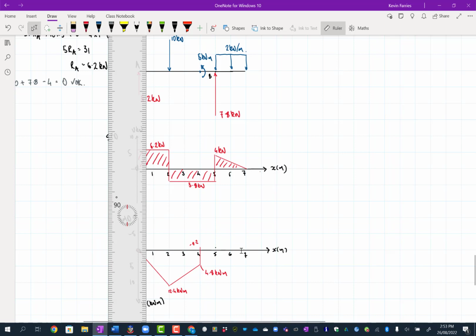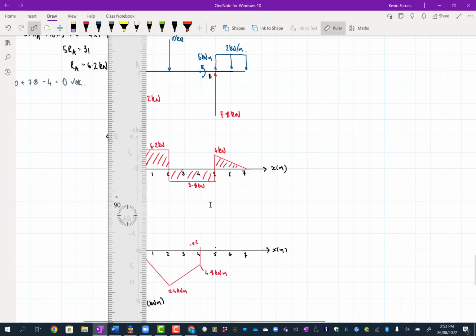And then we've still got this area here, so we have to go up another 3.8, which is in the negative direction.